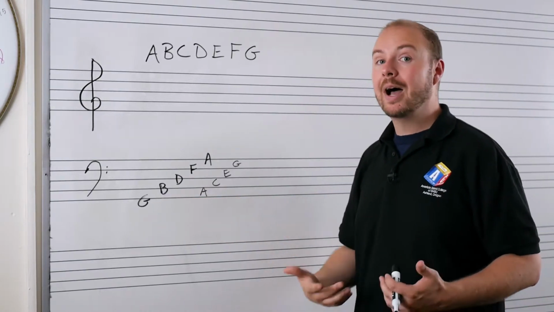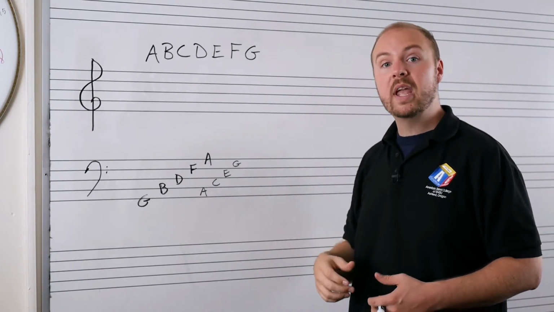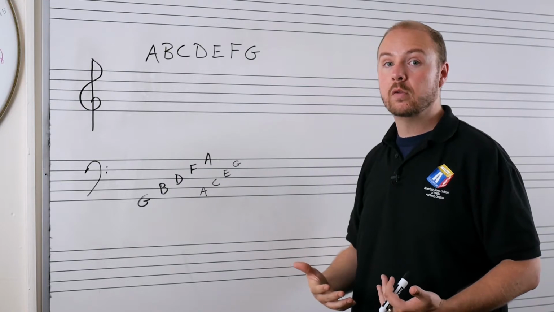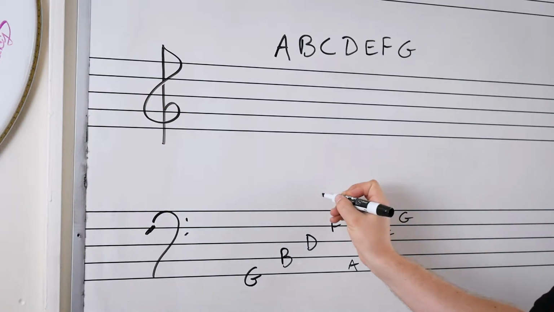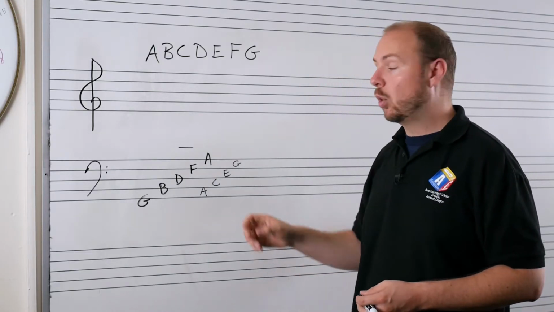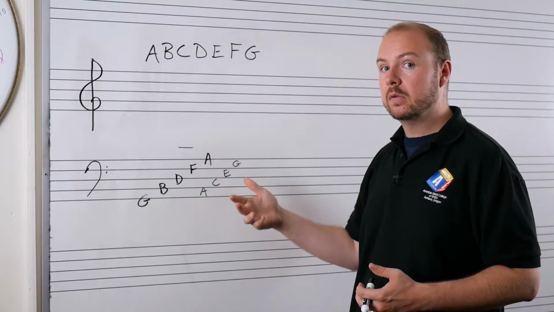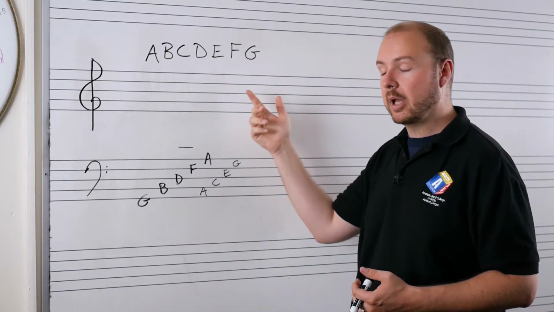Now, if we wanted to go higher or lower on the musical staff, we have to create our own lines, which are called ledger lines. When we do that, we both create a line and a space, and it moves forwards or backwards in the alphabet.